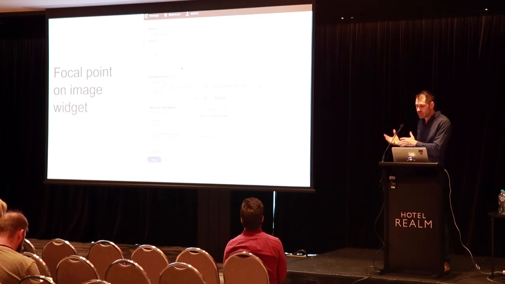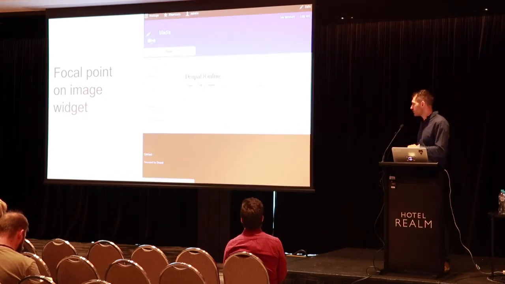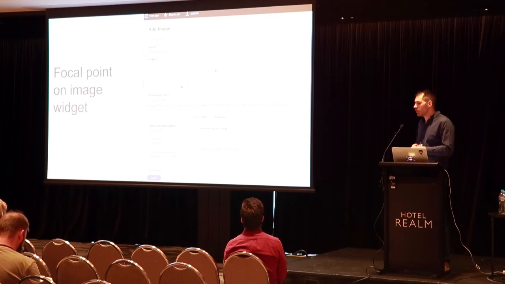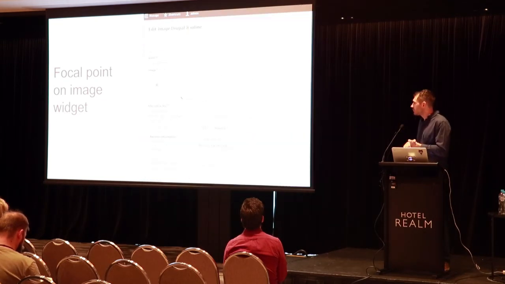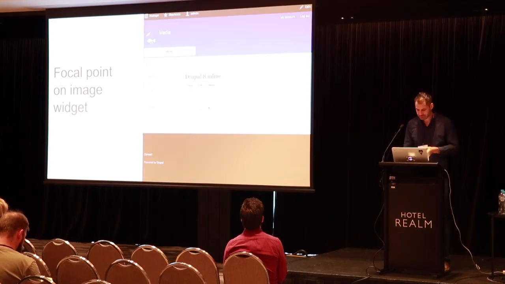But in some images, you may want to define the focal point, because I'm sure you've worked on a site where an editor's uploaded a portrait and then Drupal just crops the torso and chops the heads off. So this way, you can set the focal point to crop either the head or somewhere else, and then Drupal can crop around it.